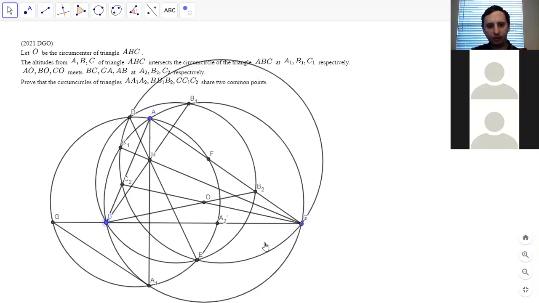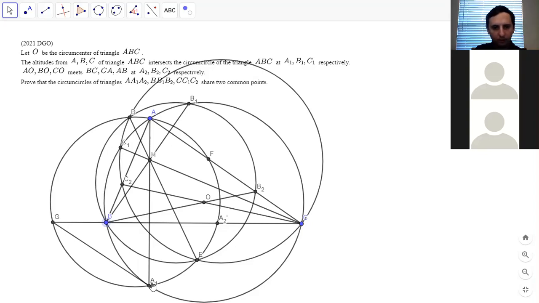Oh no, not 180 minus C, 180 minus this angle. Just C plus 90 minus B. So what if this was tangent?